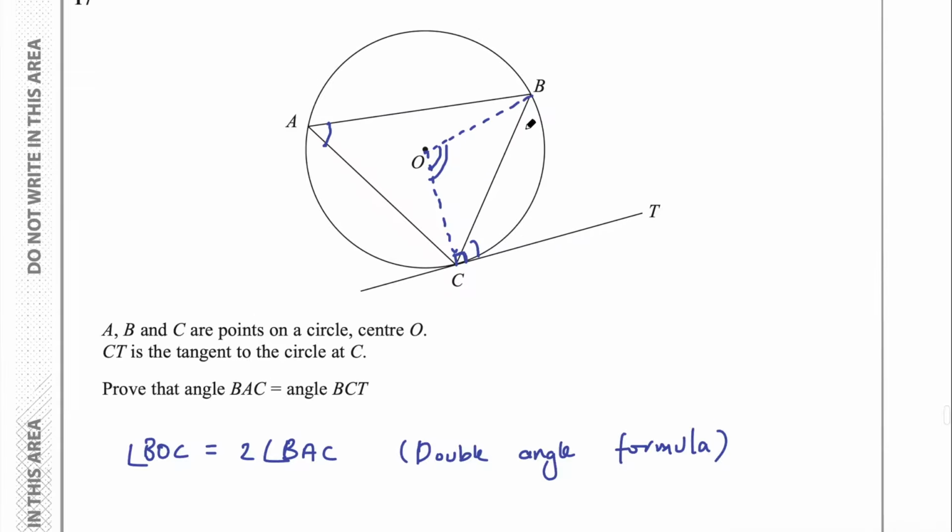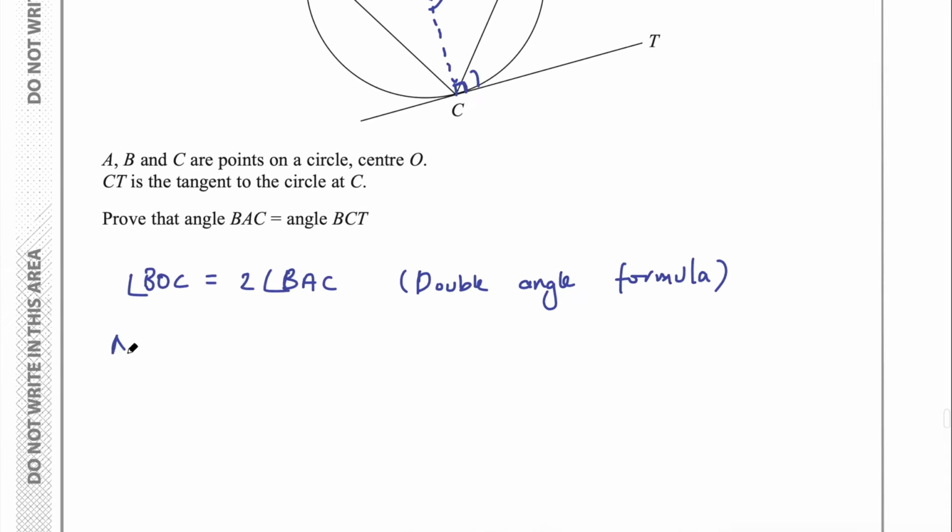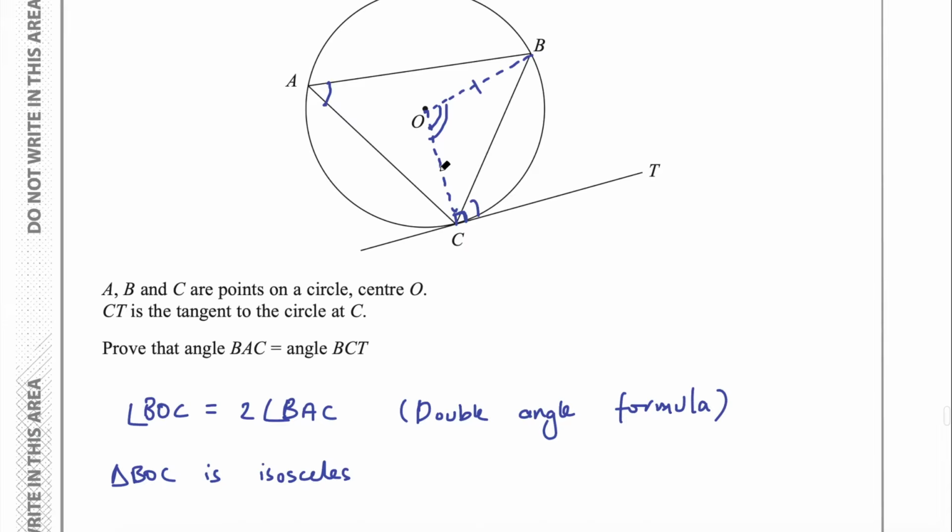We can also say this is an isosceles triangle. So triangle BOC is isosceles because these are radii of the same circle. Whenever two sides of a triangle are equal, it must be an isosceles triangle. So therefore, these two angles, the base angles of the isosceles triangle, must be equal.